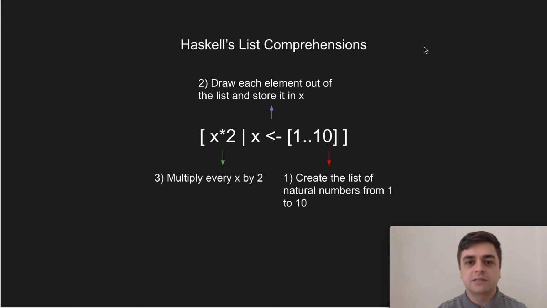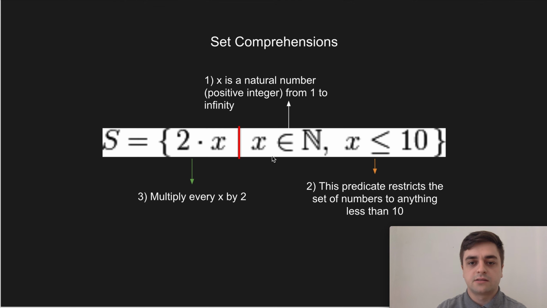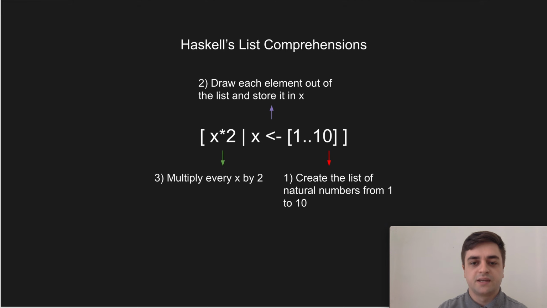So this is Haskell's list comprehensions. All right, start here at number 1. So we create a list. What we're trying to do here is replicate this set notation in Haskell, this exact same example. So we start with the list of natural numbers from 1 to 10, as I was doing in the interactive prompt.